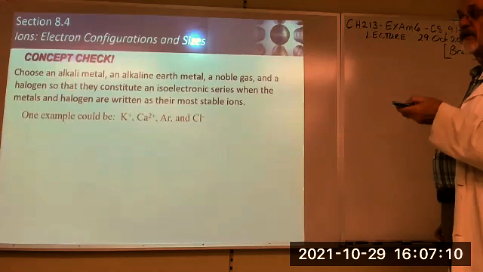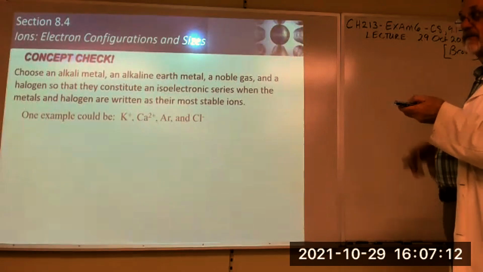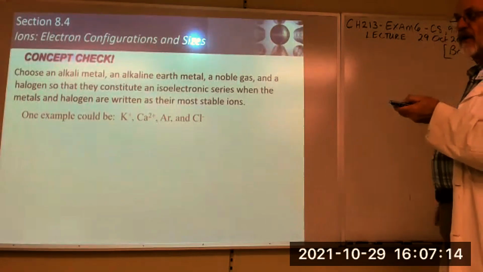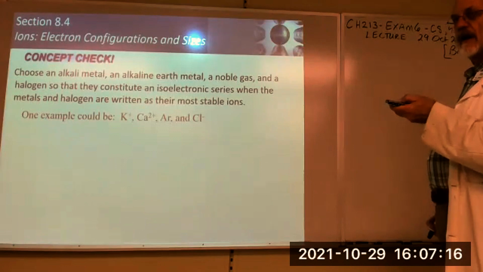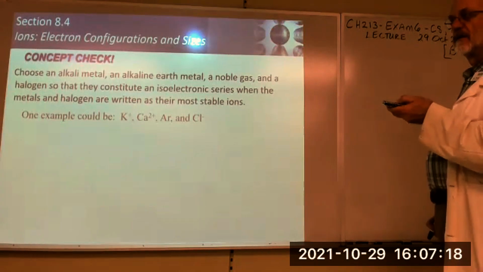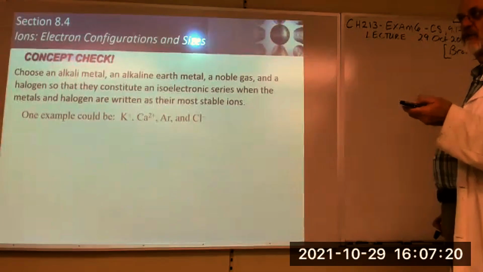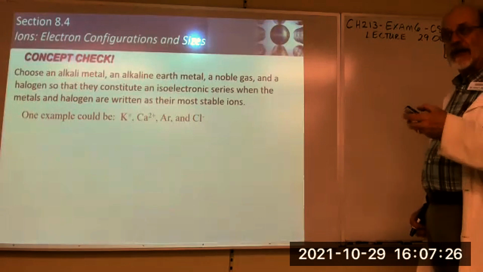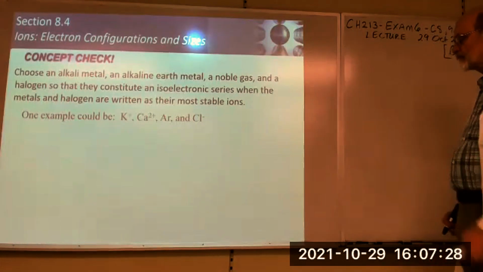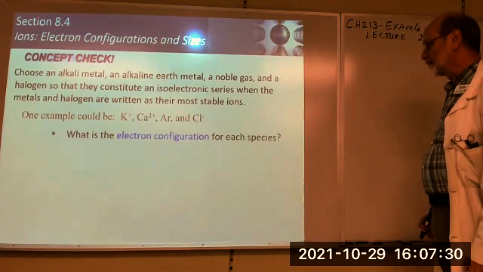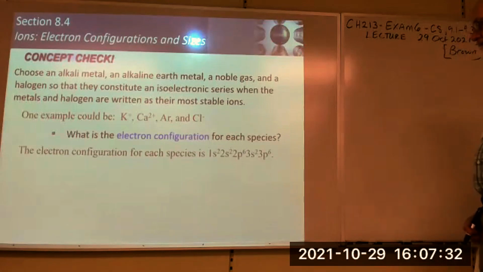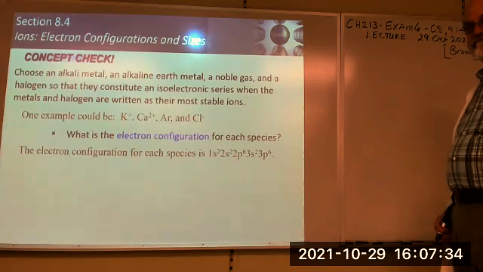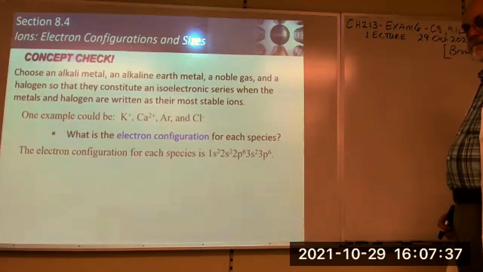So chloride ion would be argon. Sulfide ion would be argon. Phosphide ion would be argon. Potassium ion would be argon. Calcium ion would be argon. It looked like argon. So if you had only the electron configuration and didn't know what it was, you could put any of those as an answer, really.